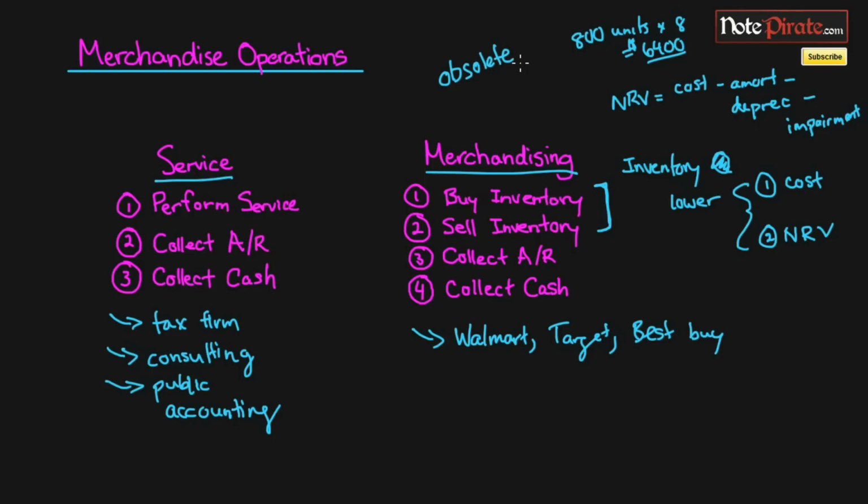And when you have obsolescence, maybe the inventory becomes only worth half of what it originally was. So maybe it's worth $3,200. If you look at $6,400 and $3,200, which one's lower? Well, the $3,200 is lower, and we have to disclose it at $3,200 on the balance sheet because we want to be conservative with our accounting.